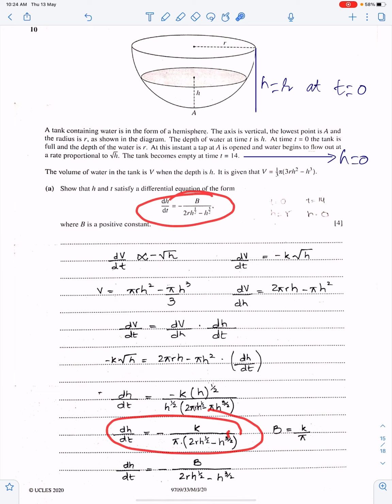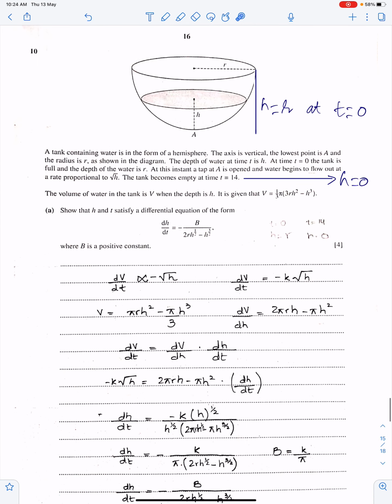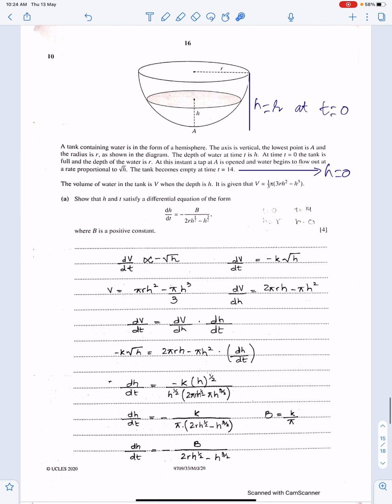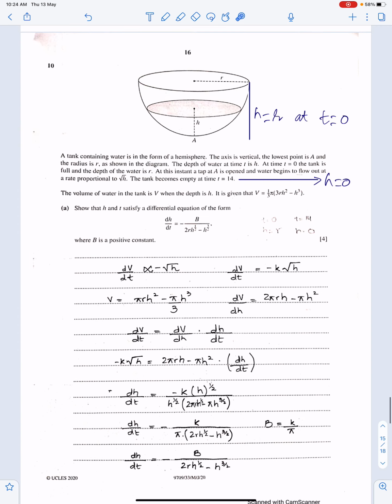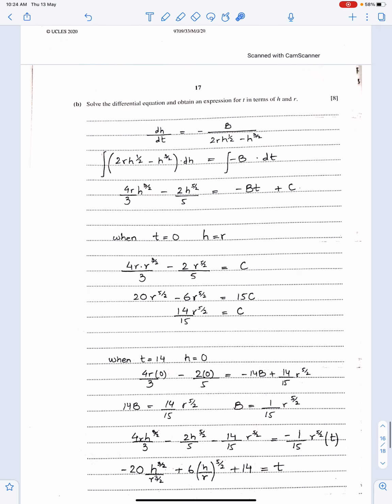Everything is the same except this thing, so we need to replace k upon pi by b. Hence shown. This solution is important, so if you want to take a screenshot, you can. Next part.